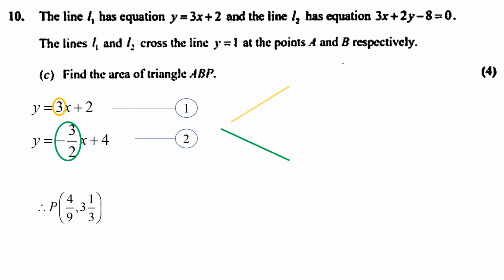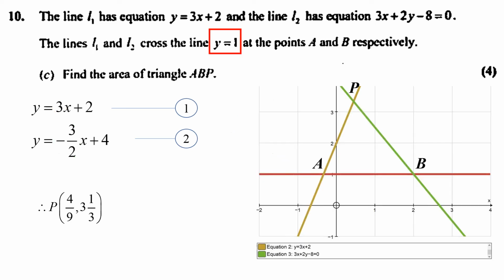It would be good if you can directly plot straight lines using the form y equals mx plus c, but don't let it bother you too much. What is most important is the direction of the line, whether it slopes up or down according to the positive or negative gradient. Also take note that these two lines, the yellow line and the green line, will intersect each other at the point P, which we have found earlier.